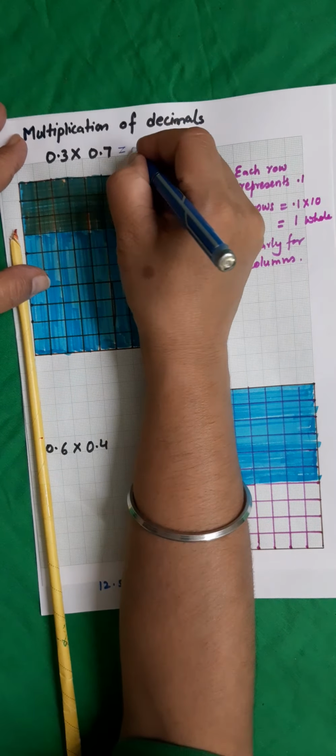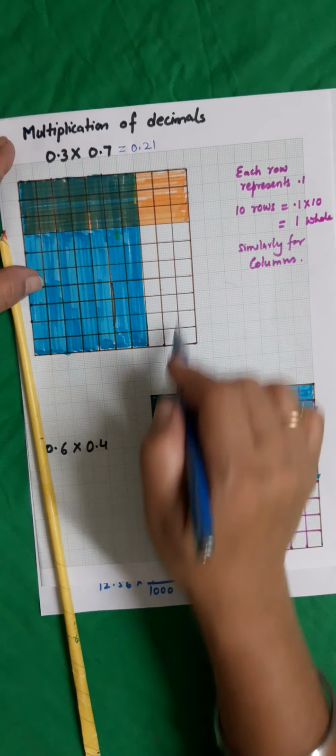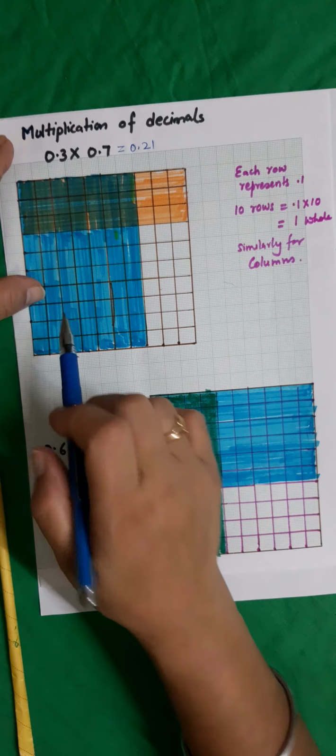1, 2, 3, 4, 5, 6, 7, 8, 9, 10, 11, 12, 13, 14, 15, 16, 17, 18, 19, 20, 21. Isn't it? Now, here you see it is a hundreds box, which has 100 small squares, then each small square will be equal to 0.01.